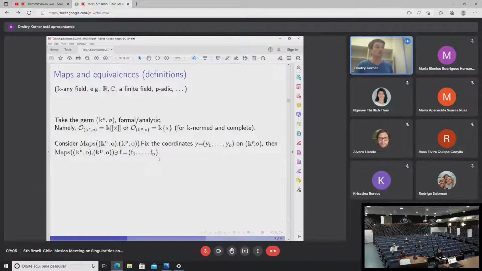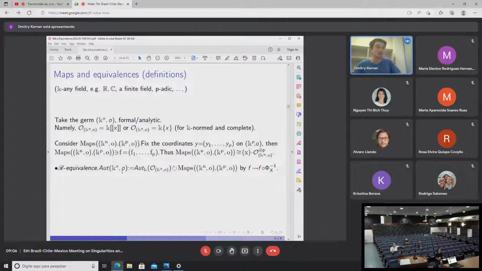Using this presentation, we can identify the set of all the maps with this free module over O_{K^n}, a direct sum of copies. Actually, we consider maps of germs, so every function must vanish at the origin. Therefore, here there is the maximal ideal. From now on, when I speak about maps, usually I will identify them with this vector-valued notation.